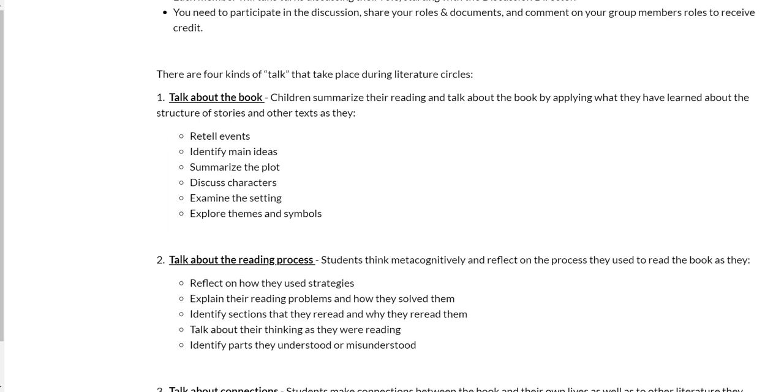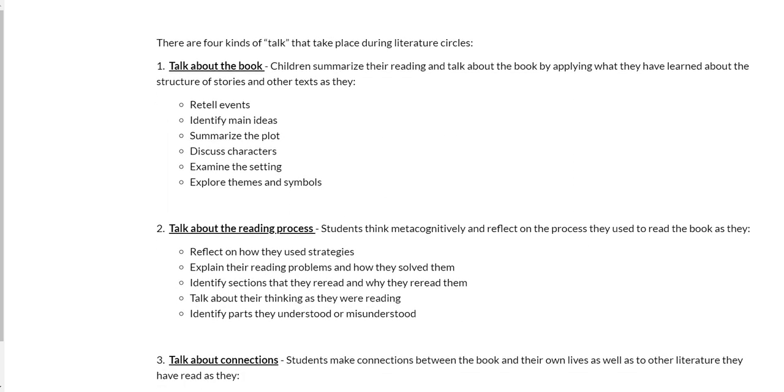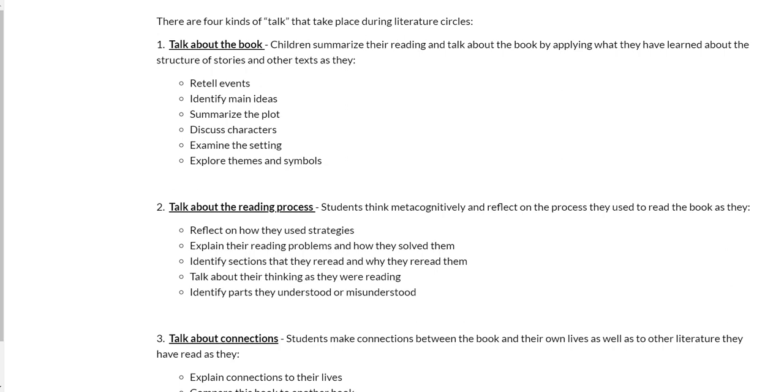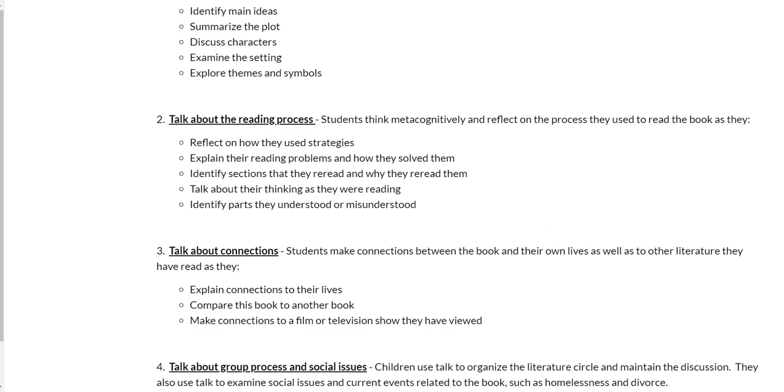This just gives you more of the information that you need to think about as you're getting prepared to go to your literature circles. You're going to talk about the book. You're going to talk about the different roles that went into preparing for that particular literature circle.